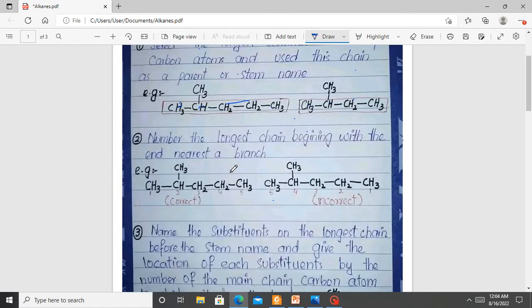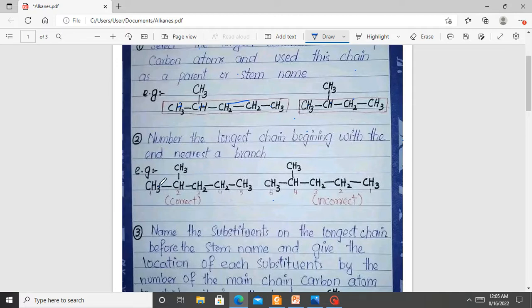Next, you have to number the longest chain beginning with the end nearest to a branch. So if there is a branch here, this is the longest chain numbered 1 to 5. You have to number the carbons and give the substituent or the branch the least number. So just start from the site nearest to the branch.